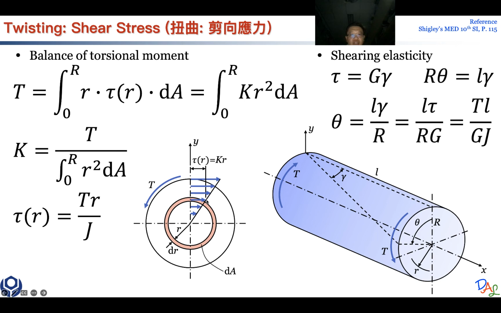Now tau r is applied around this entire ring, everywhere on top of this dA area. So if we have the stress multiplying our area, we end up with force. Basically, this is the force applied against the dA toward the tangent direction, everywhere.